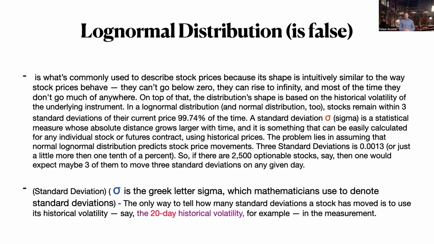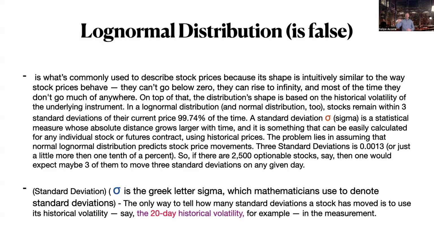On top of that, the distribution shape is based on the historical volatility of the underlying instrument, and with a log normal distribution, the normal distribution, stocks remain within 3 standard deviations of their current price 99.74% of the time.